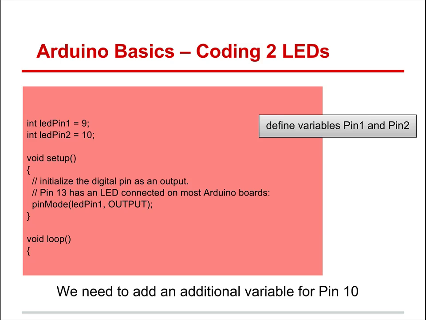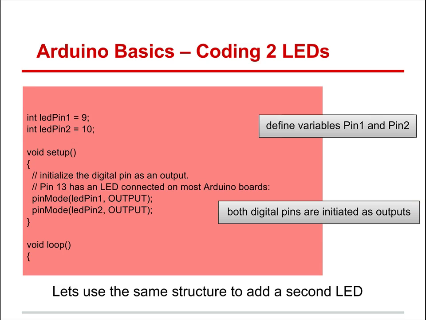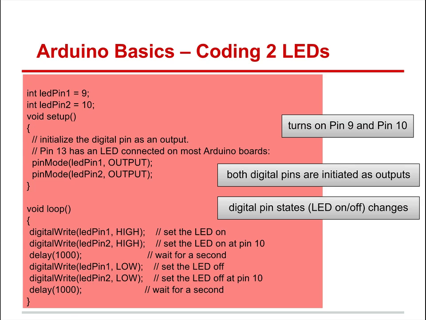So we've got two there. If we're going to have two, we're going to need two outputs. So there's a second output. And then finally, we're going to do digitalWrite LED pin 1 high, digitalWrite LED pin 2 high, delay 1000, do them both low.